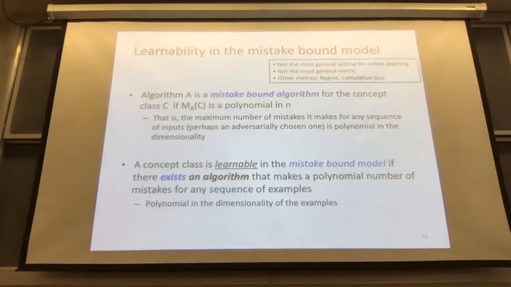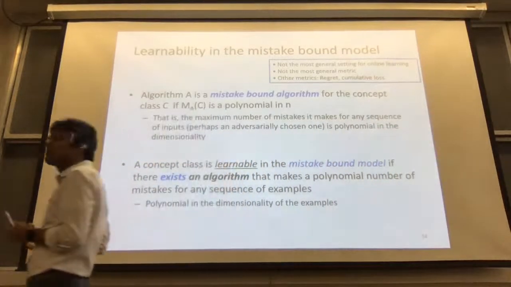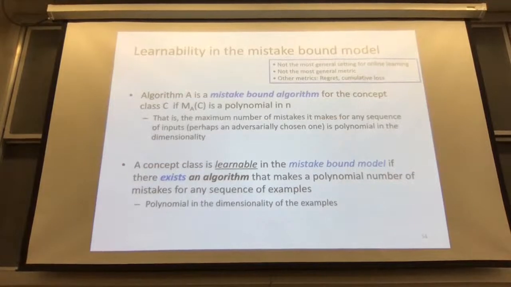Maybe there doesn't exist any mistake bound algorithm for a concept class. So a concept class is said to be learnable under this particular model of learning if there exists a mistake bound algorithm. Maybe we don't know the algorithm, but maybe I can prove by some rather clever arguments that there exists some algorithm that, no matter what function from that concept class is chosen, no matter what sequence of examples are used, will be able to learn the function in terms of stopping; it will not make any more mistakes after making only a polynomial number of them.